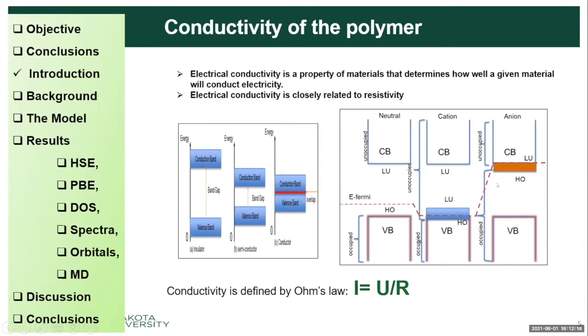Again, if we add an electron here in the anionic state, then the HOMO goes to the conduction band. So it also shows the conductivity of the material.